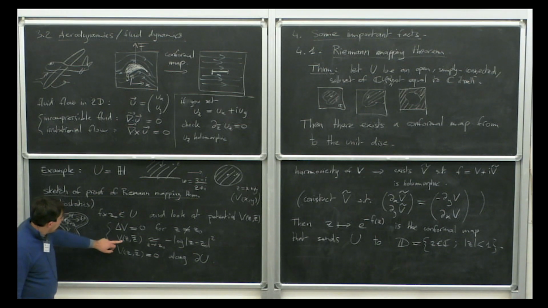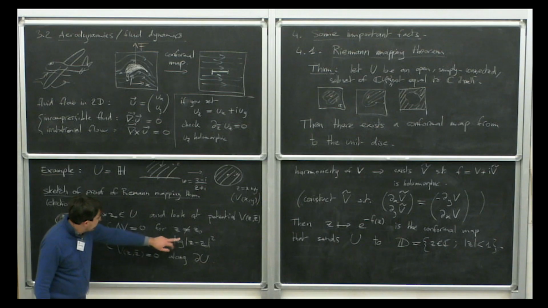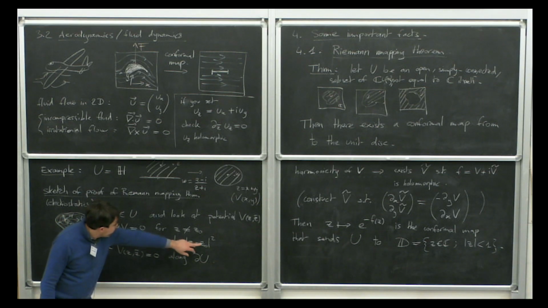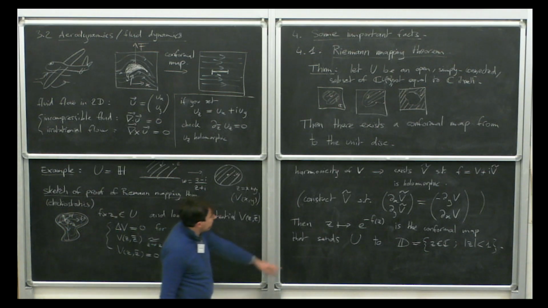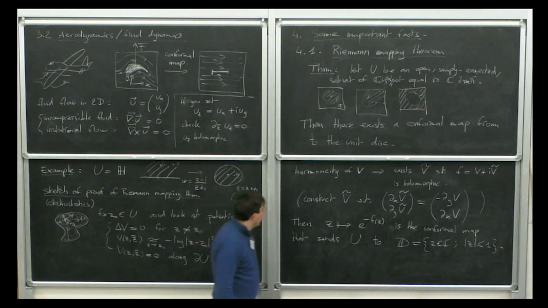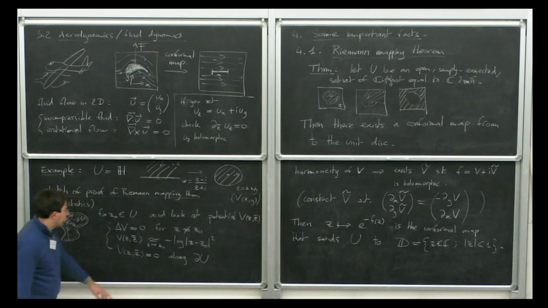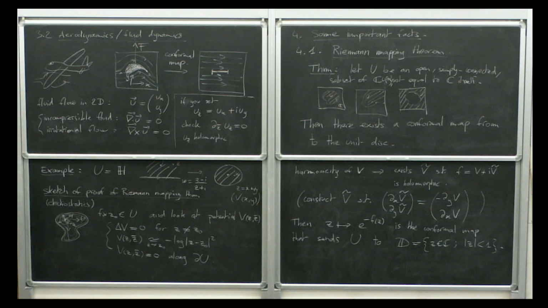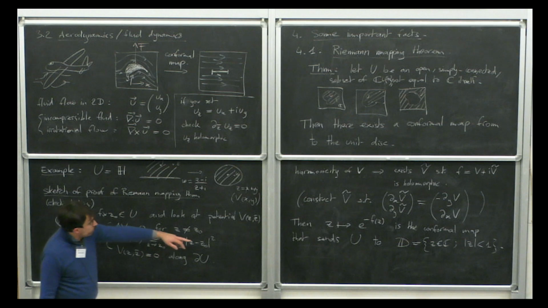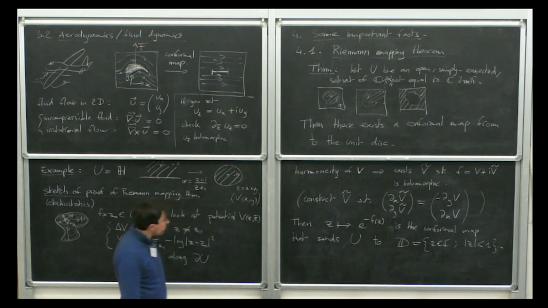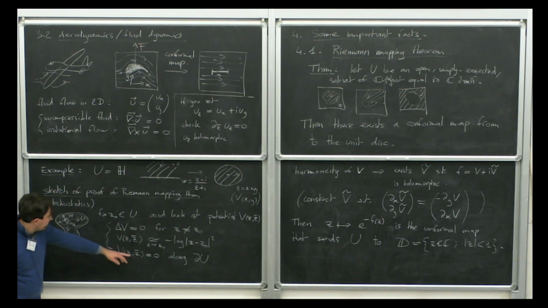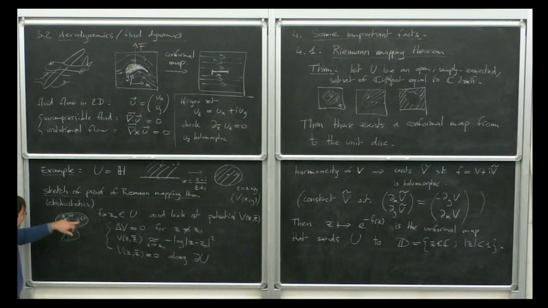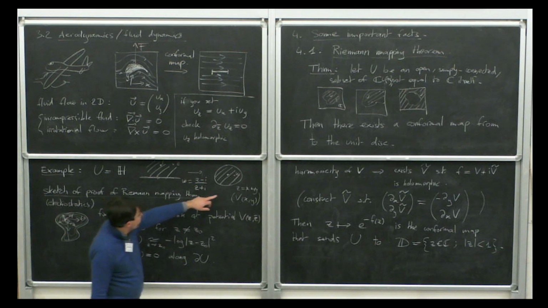We know that when z goes to z naught, this behaves as minus logarithm of the distance. Therefore, when we take the exponential, this map just becomes essentially z minus z naught. So this means that the point z naught gets mapped to the origin. And then the other property tells us that the boundary is mapped along the unit disk.